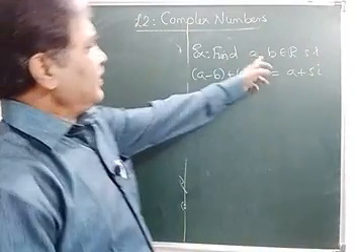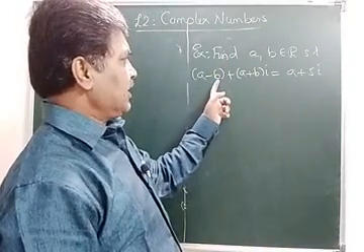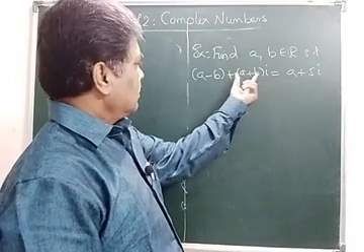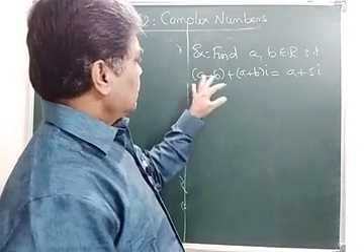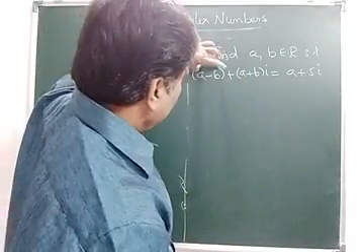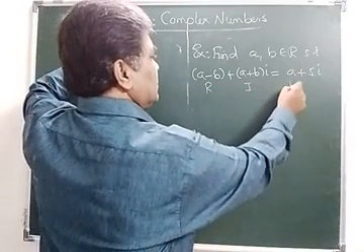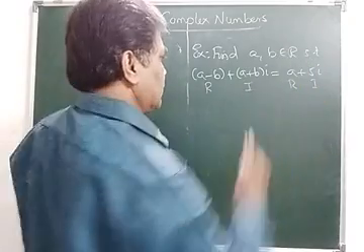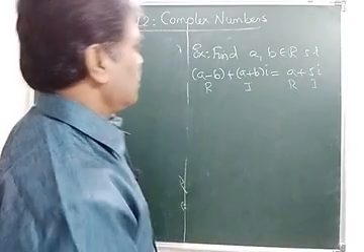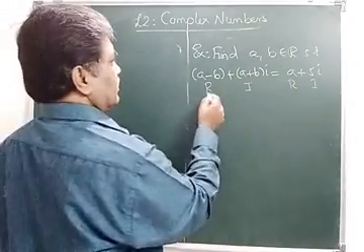Now a and b are real numbers, meaning a minus b itself is a real number, and a plus b is a real number. So this is the real part and this is the imaginary part on the left, and this is the real part and this is the imaginary part on the right.